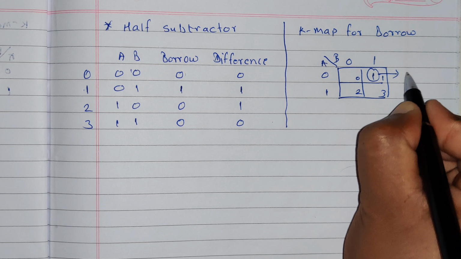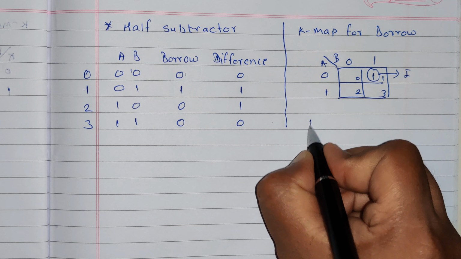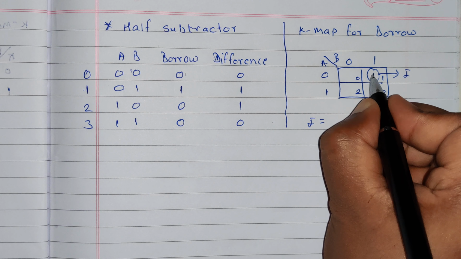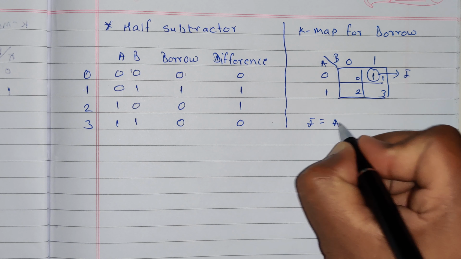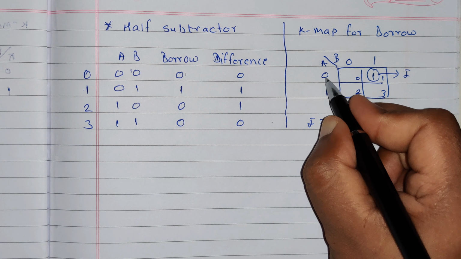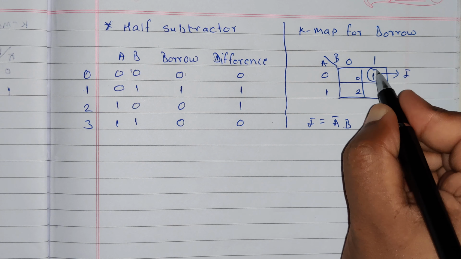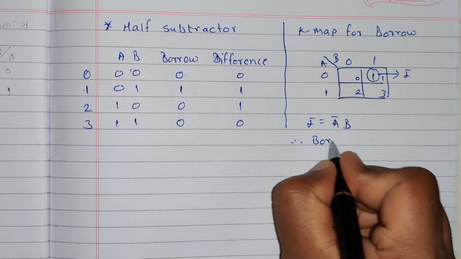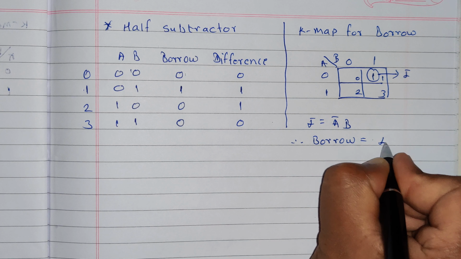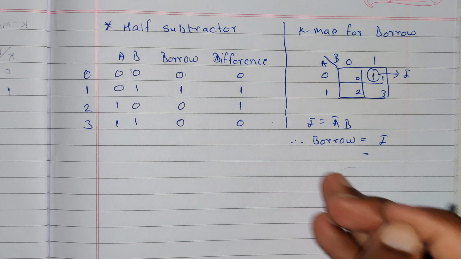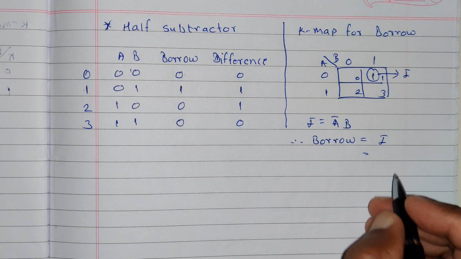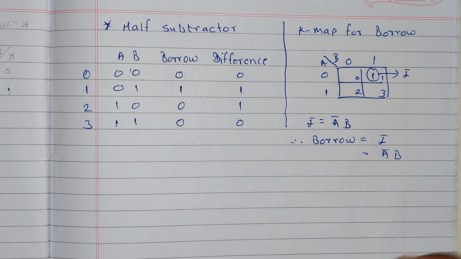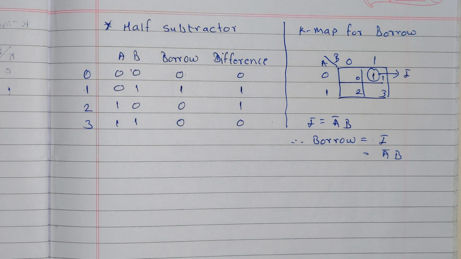Now this will be group number 1, and the equation of group number 1 will become A is 0, B is 1, so A bar B. Whichever is 0 we will make it bar, so A bar, and B is 1, therefore B. Therefore we got borrow is equal to A bar B.